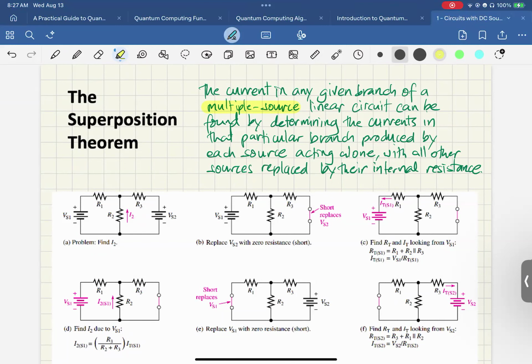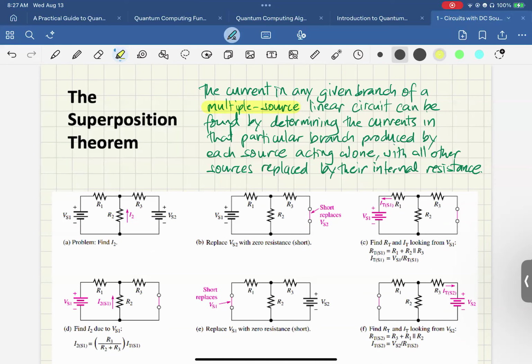Anyway, you can determine yung currents sa particular na branch na yan by first setting one of the sources to its equivalent internal resistance. Tapos alamin mo yung current as a result. Then, i-short mo naman or i-replace mo by its internal resistance yung pangalawang voltage source.